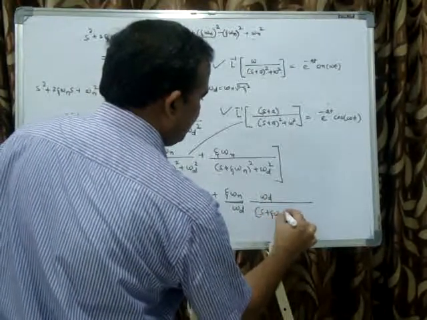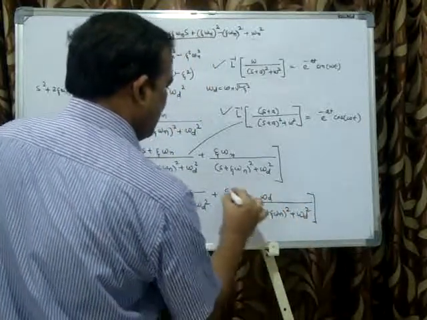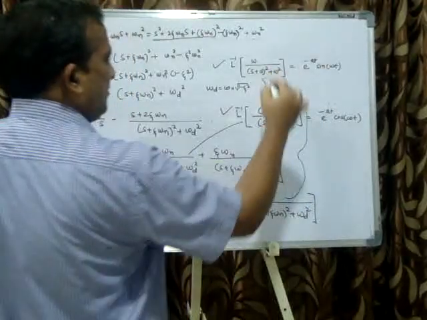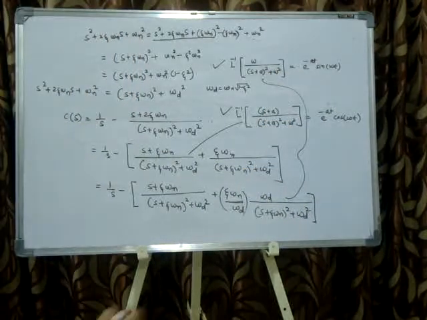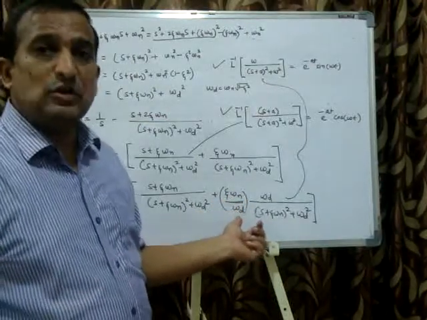Now this is standardized. So now I can apply this formula. This is a constant: zeta is constant, omega n is constant, and omega d is constant.